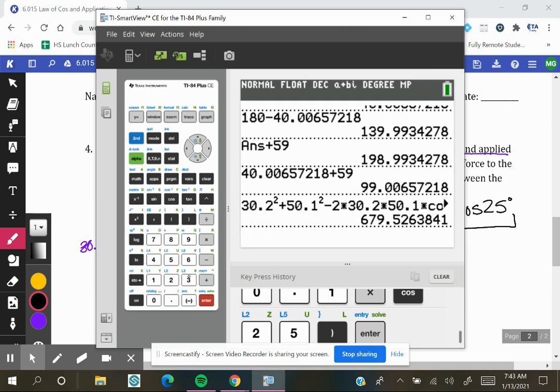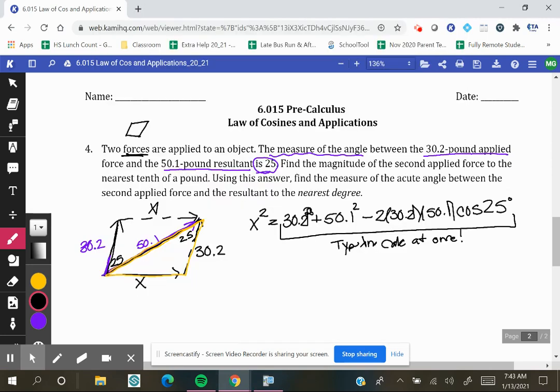Enter. Write that whole decimal out. So x squared equals 679.5263841. And now we're solving for x, so you're going to take the square root.